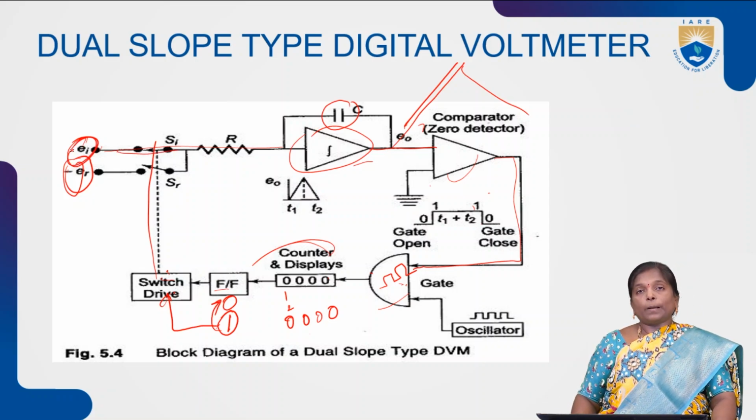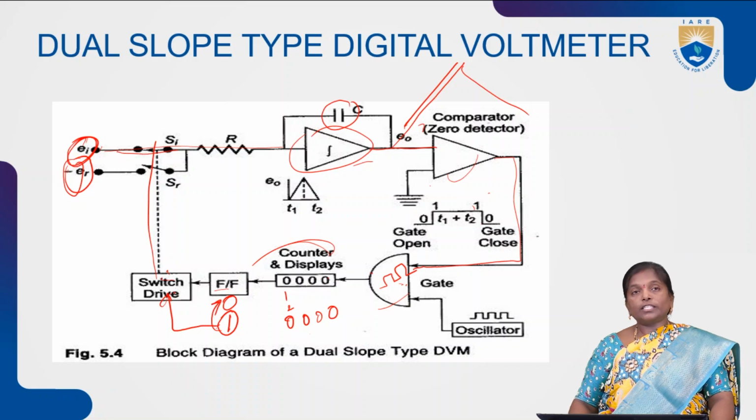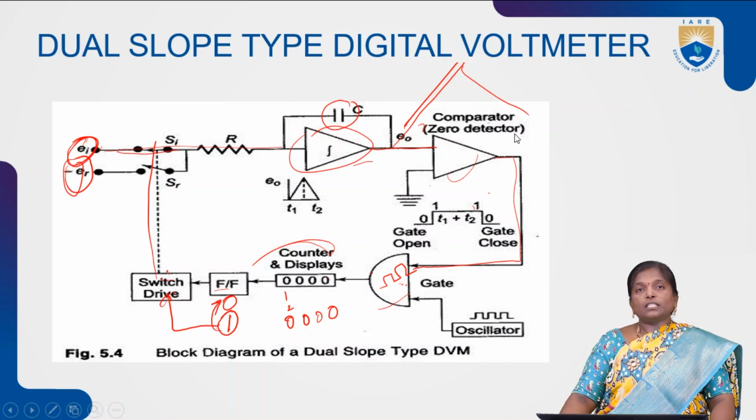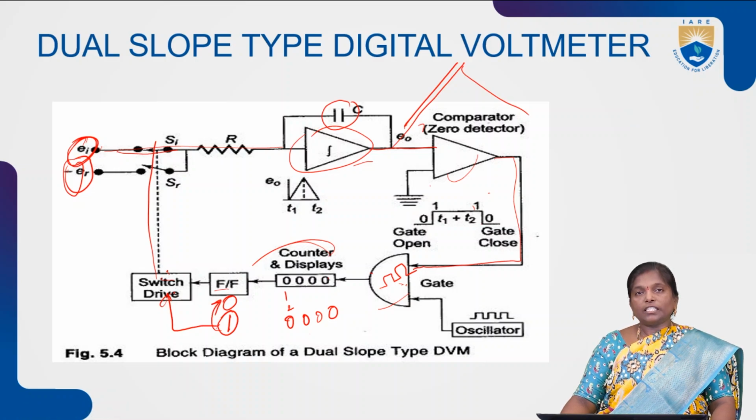So we are applying both a positive input voltage and a negative input voltage to an integrator circuit, so that we have both a positive going ramp signal and a negative going ramp signal. This is called the dual slope type of digital voltmeter. As we have the dual slope type of digital voltmeter, we have both charging and discharging time intervals that depend upon the input voltage.